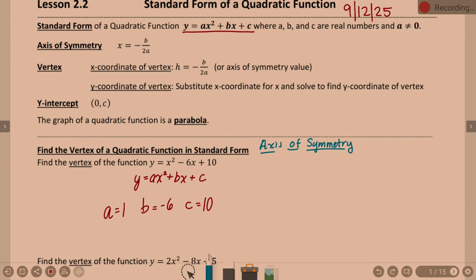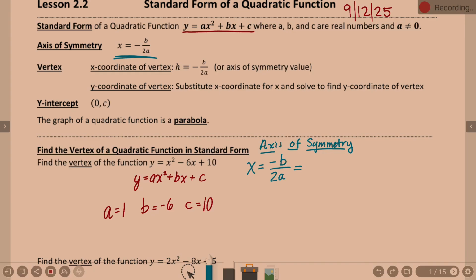In order to find that axis of symmetry, how do we do it? Handy dandy little formula, yes? We're going to use x equals the negative of b over 2a.